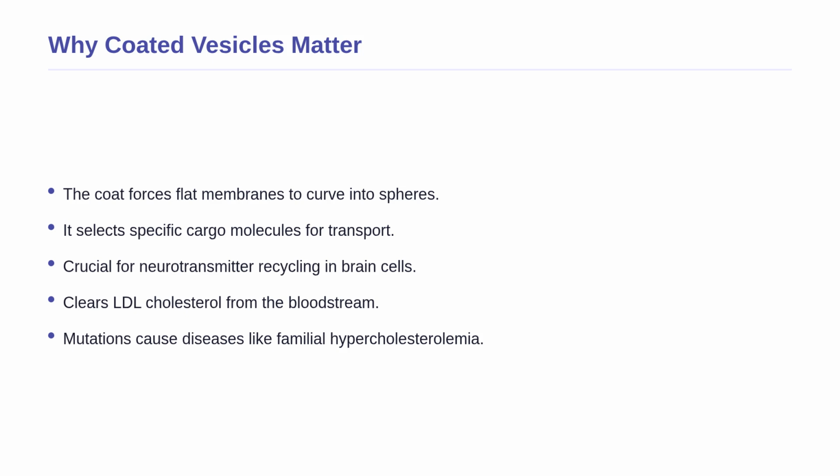For example, your brain cells rely on clathrin-coated vesicles to rapidly recycle neurotransmitter machinery, allowing you to think in real time. They also clear LDL cholesterol from your bloodstream. If the genetic instructions for these coats mutate, it can lead to severe diseases like familial hypercholesterolemia, where cholesterol dangerously clogs the arteries.